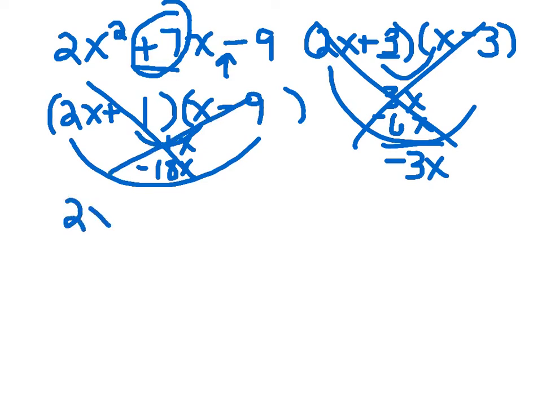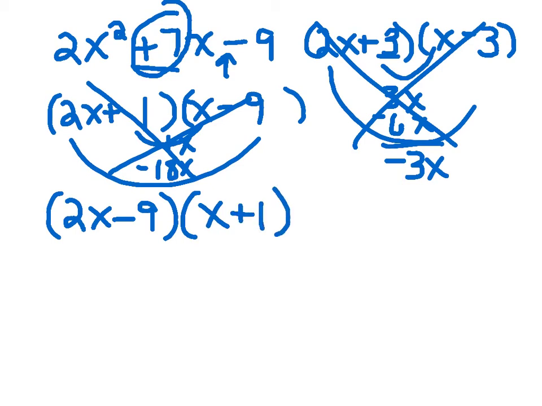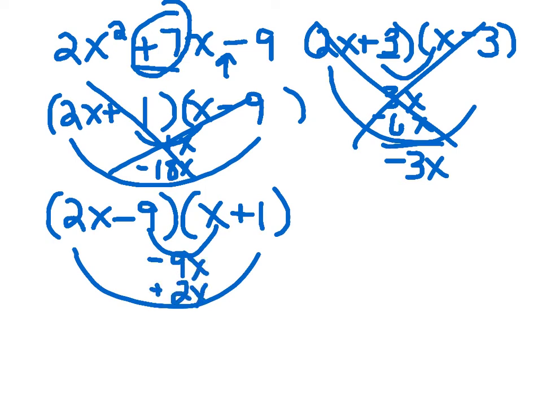Let's try 2x minus 9 and x plus 1. I've got negative 9 and positive 2. That equals negative 7x. Oh, I'm almost right.